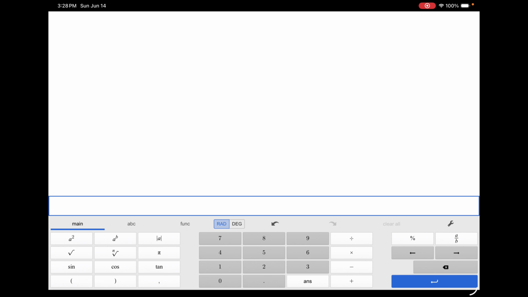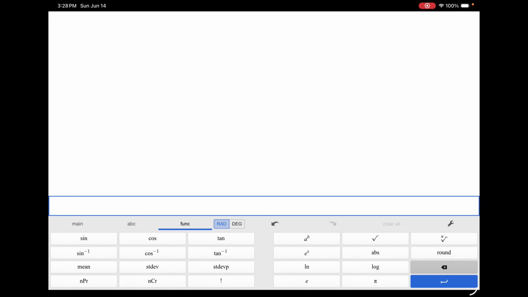All right, so for Desmos, it's under functions. Let's see, there's sine, inverse cosine, inverse tangent. So inverse sine of 0.97. Go back to main, 1.325.